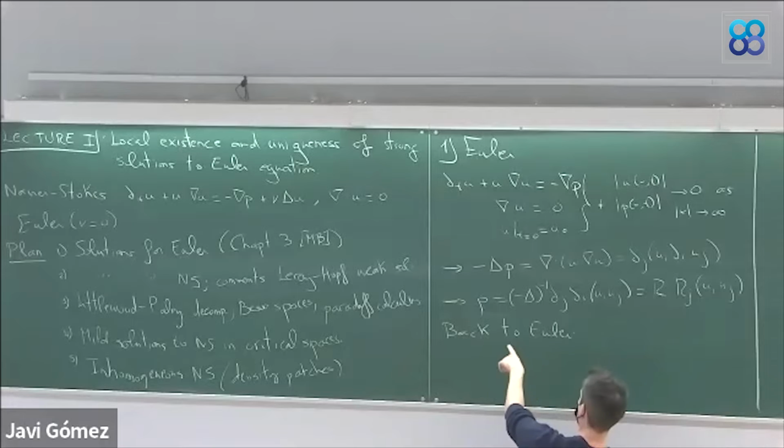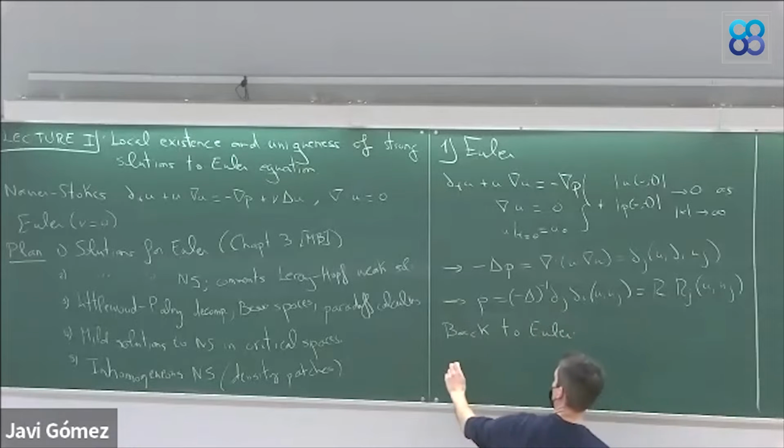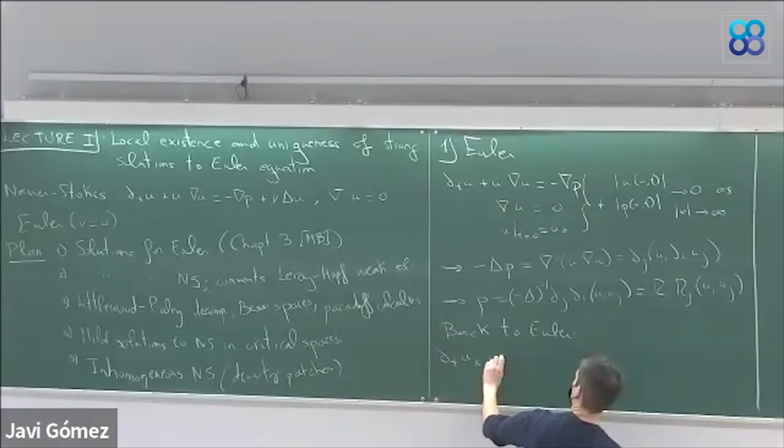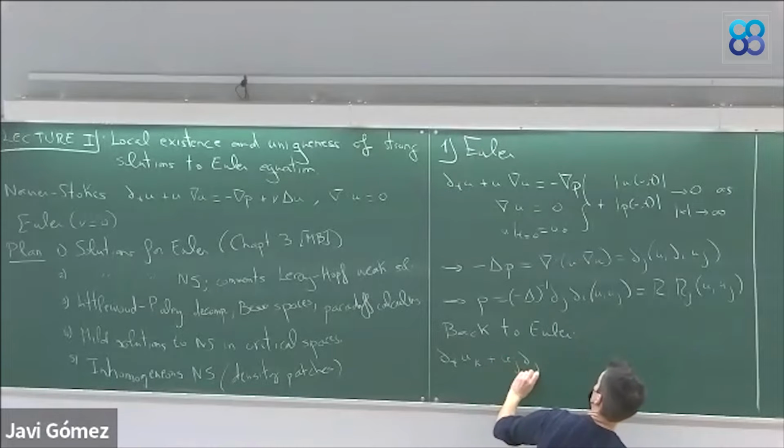And also, I will still use a component form. I will have partial t of u^k plus u^j partial j u^k plus partial k, and now the pressure.